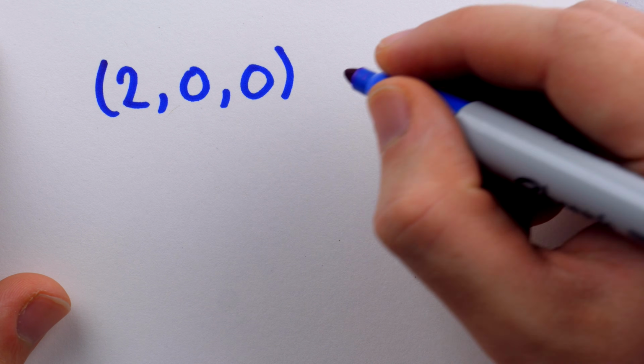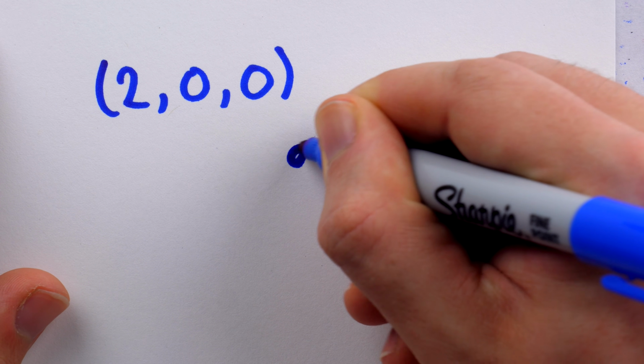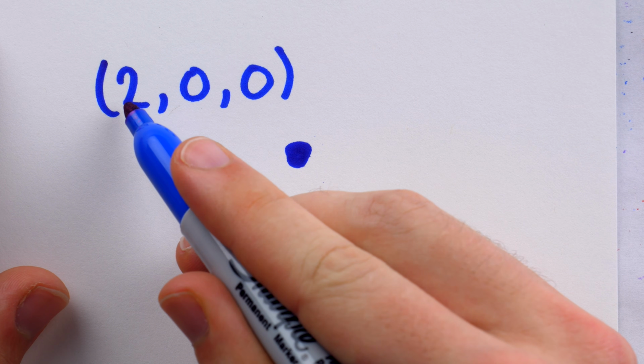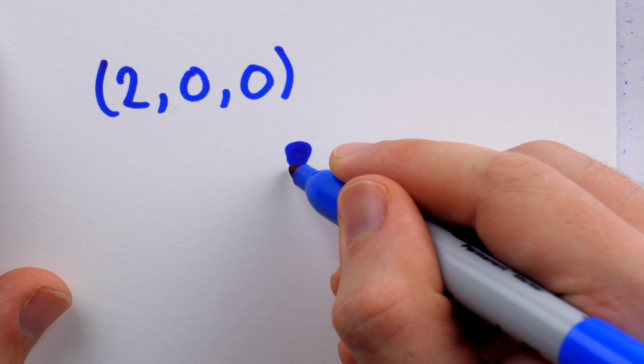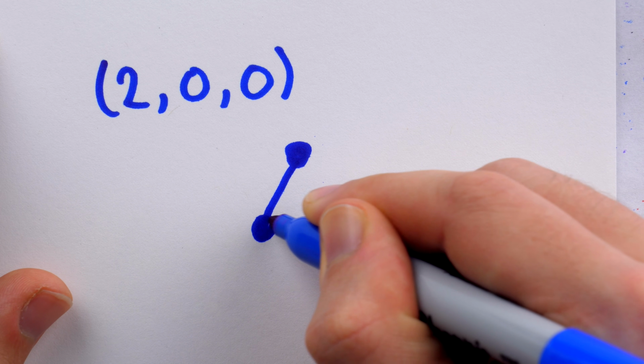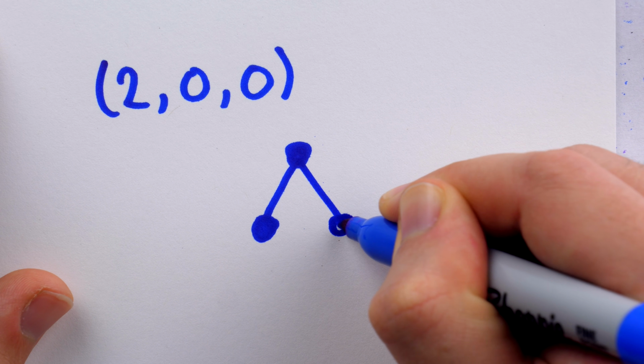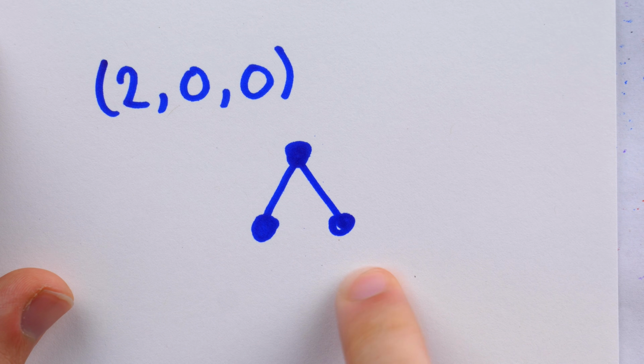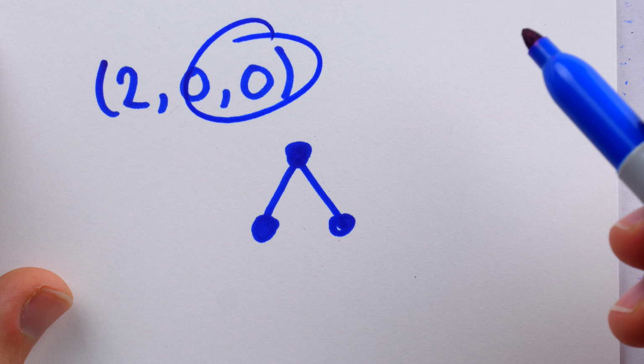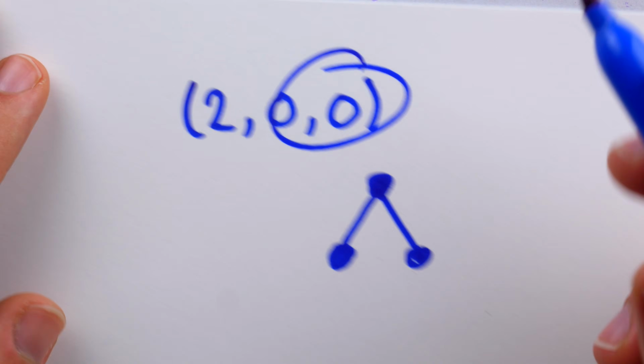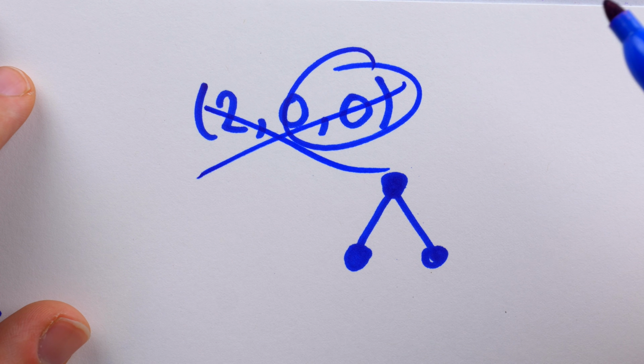Though you may quickly find that it doesn't work. My first vertex needs to have degree 2, which means that it needs to be adjacent to the other two vertices in the graph, but those two vertices need to have degree 0, which means they can't be adjacent to anything. This just does not seem to work.